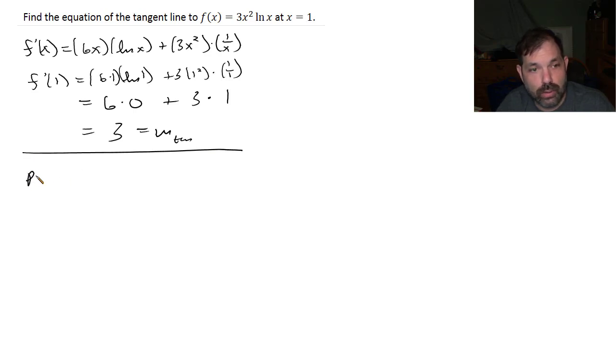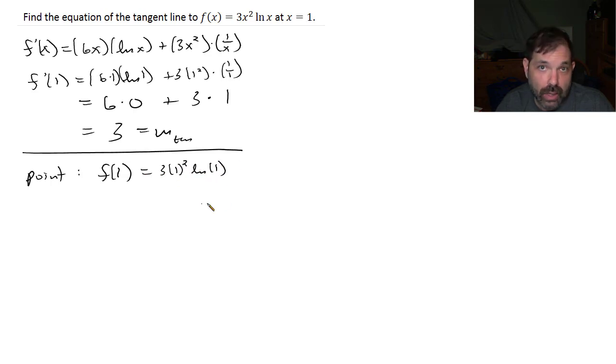We also need the point that the line passes through. So f of 1 would be 3 times 1 squared times the natural log of 1. Again, recalling that the natural log of 1 is 0, then f of 1 equals 0, and so our point is (1, 0).